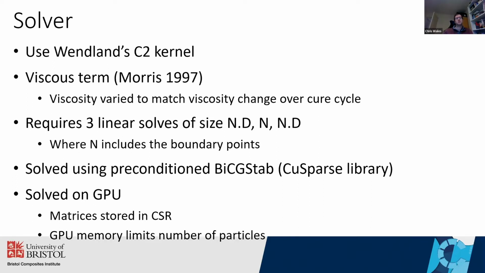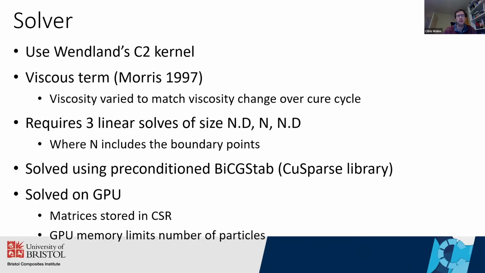So these matrices are stored in a compressed sparse row format. And this is one slight drawback of doing it on the GPU: we end up being a bit memory limited on the size of the problem we can use, because we have n by d number of equations, and then the off-diagonal terms are related to the number of neighboring particles.